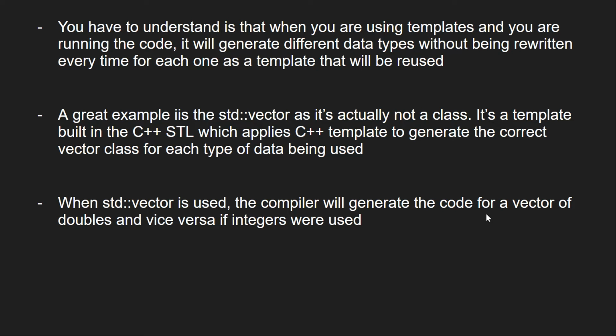It's a template built into the standard template library, which applies C++ templates to generate the correct vector class for each type of data being used. So, for example, the compiler can generate code for a vector of doubles, and vice versa if integers were used.